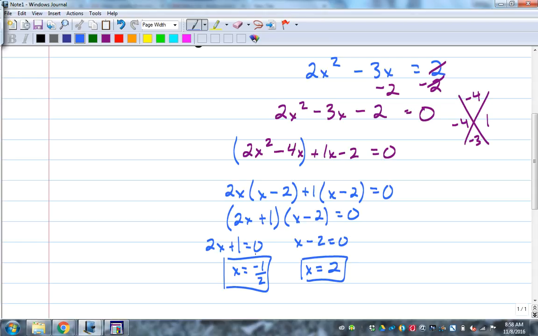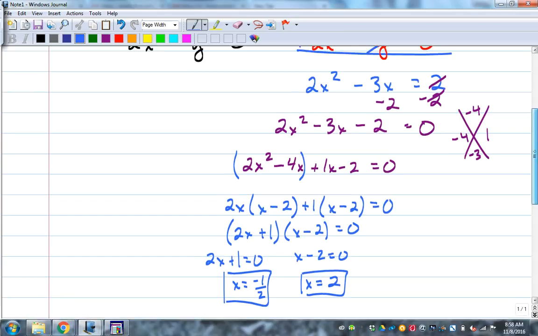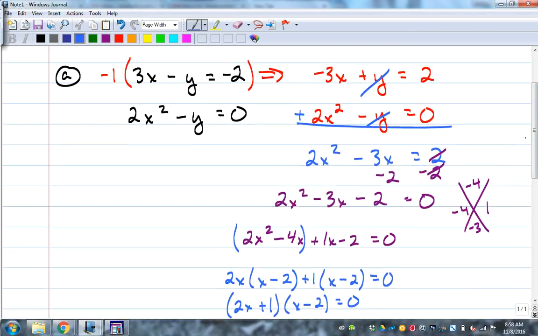Got 2 x values, so I should be finding 2 y values that go with that, right? So I can go back up here to my equations and pick one to plug into with each of those x values. I'm going to plug into the first one, so I don't have to deal with the squared and all that stuff.